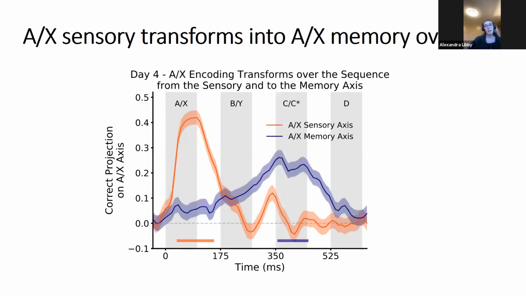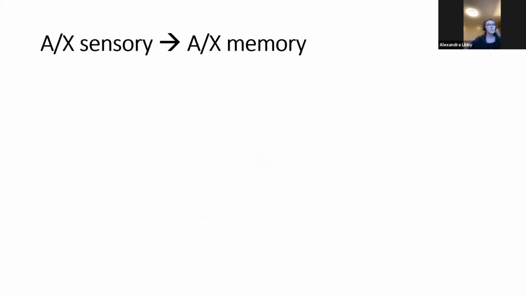Meanwhile, if we look at the AX memory axis over the course of the sequence, we can see it starts low and then increases over time. And so you can tell that the information about whether A or X was played, or is being played, moves over time. And this is really important.